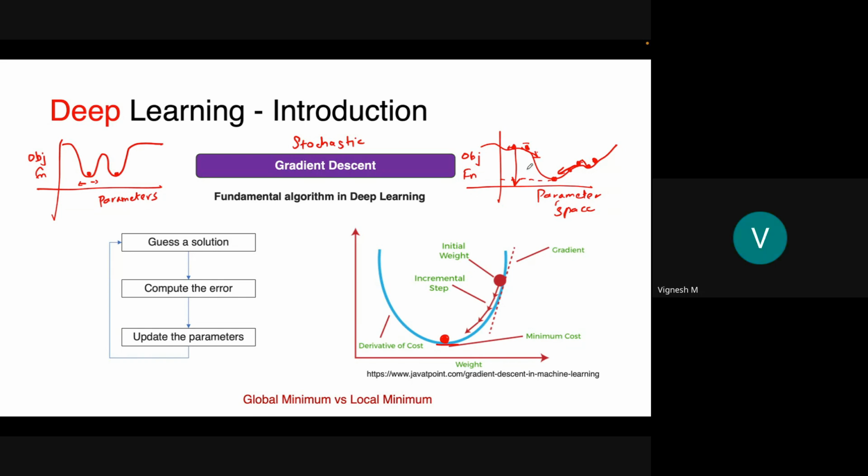Adding a little noise in addition to moving towards the negative of the gradient. So you use that as well as some noise to make sure that the system is able to find out if there is a better solution than what it is right now. And as pointed out, there is a possibility that it might just get stuck.